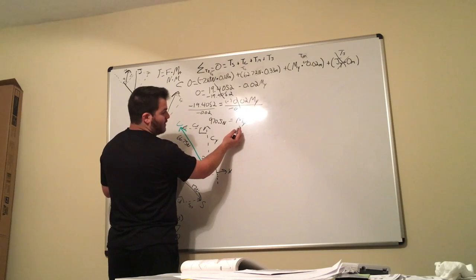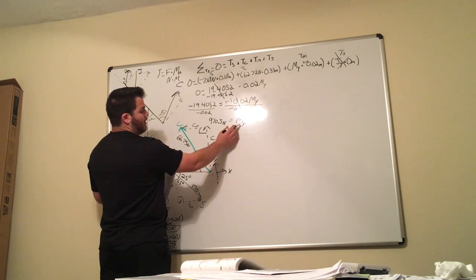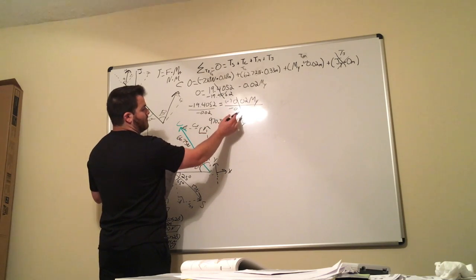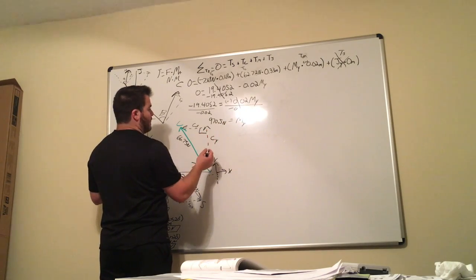Because remember, we only found the force. The torque is a newton meter, but we just found the force of m and y because here's your distance over there. So that's your meter, that's your newton. We only have our newtons.